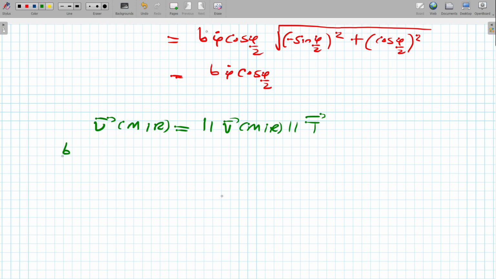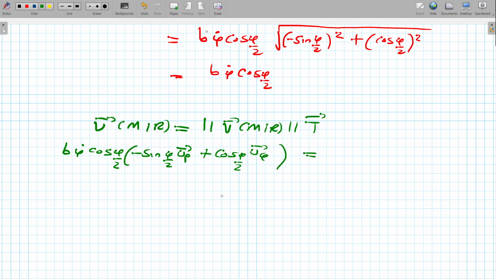So here we have b phi point, like so, and then we have cosine phi divided by 2 times minus sine phi divided by 2 u r, plus cosine phi divided by 2 u phi, like so.